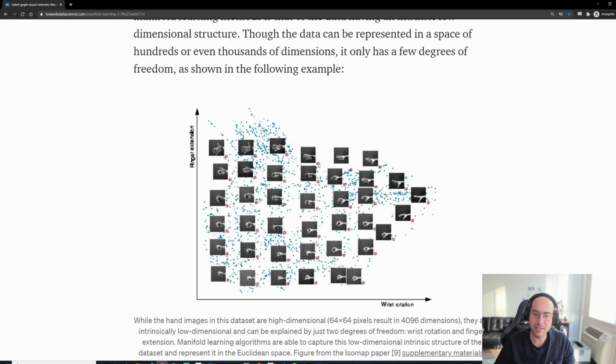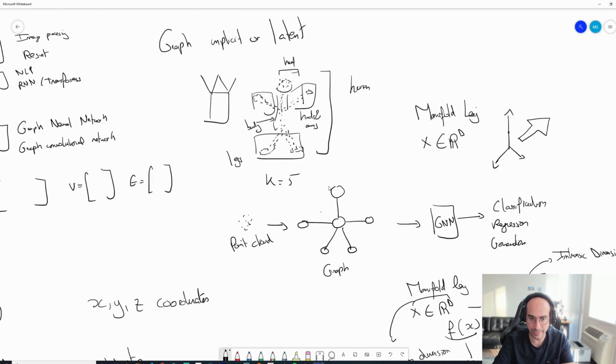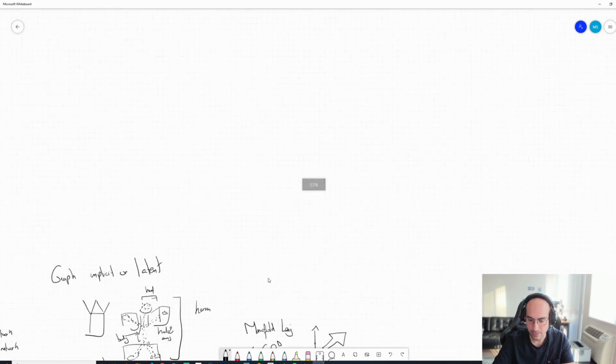So anyway, let's say we're looking at a data set that's trying to classify how your wrist is in space. You'll see here the RGB pictures, so an image. Let's say it's an image of size 256 by 256, for example.